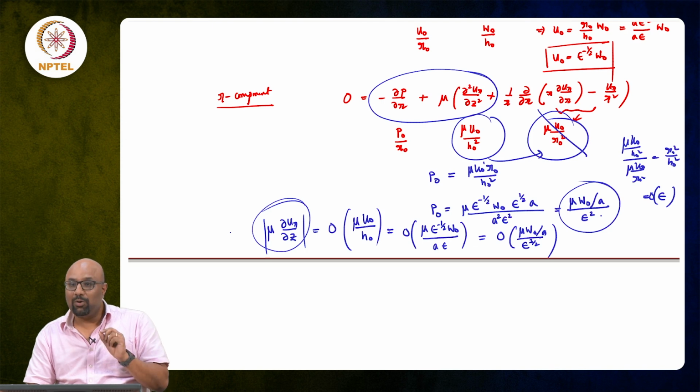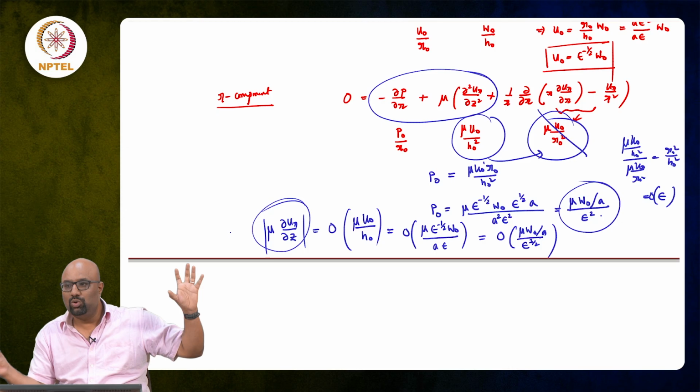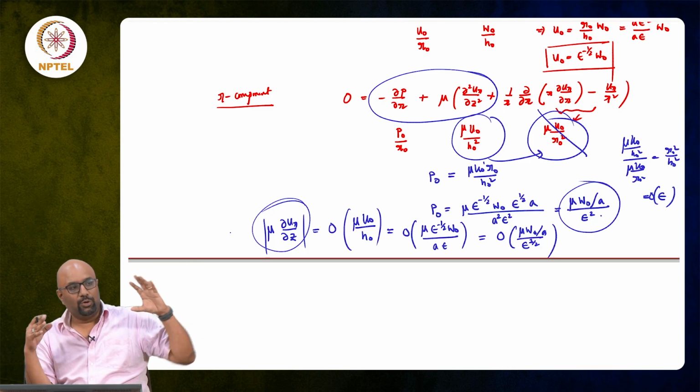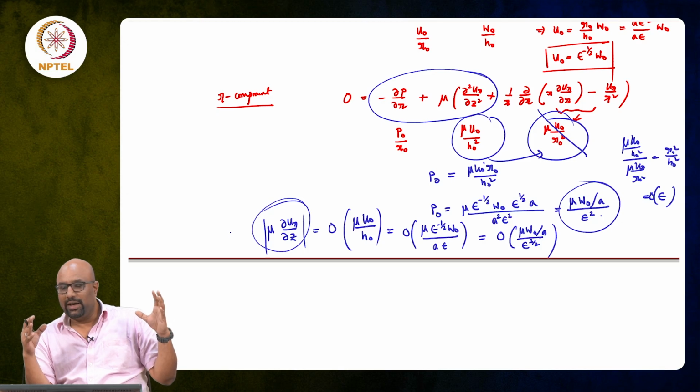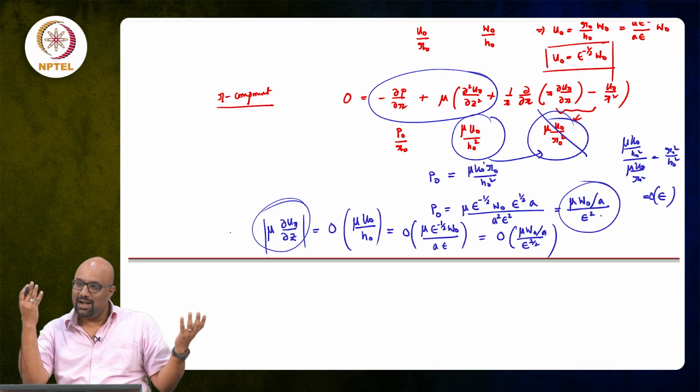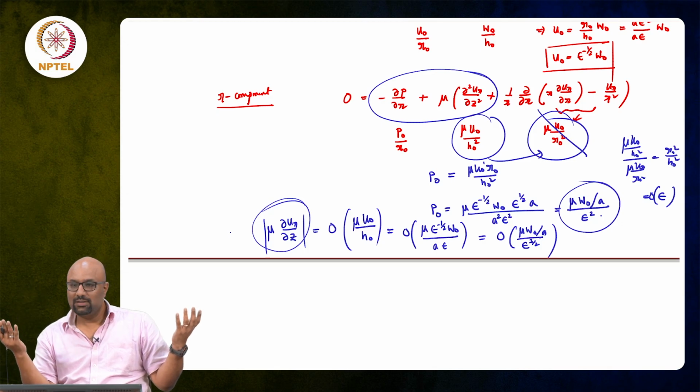This is an important point, because later, when we calculate the total force, it is sufficient to only focus on the pressure contribution. In contrast, when you do the problem far away, the contribution to force is of the same order between pressure and the viscous stress.